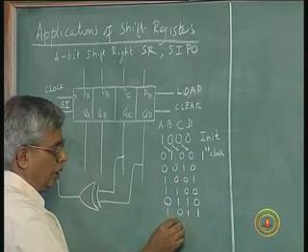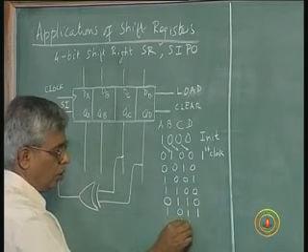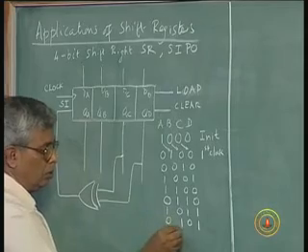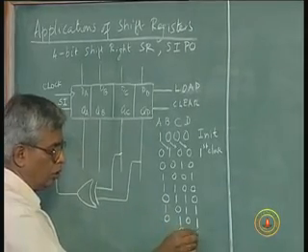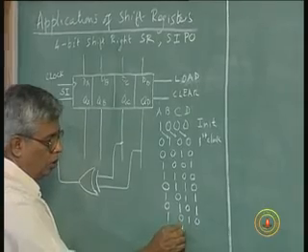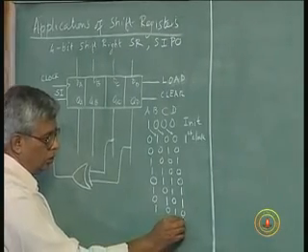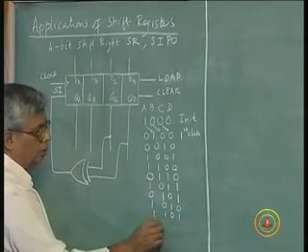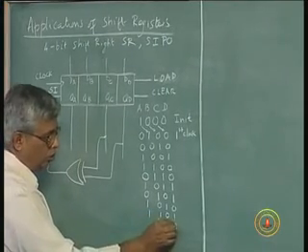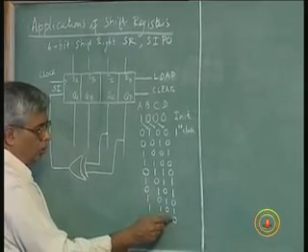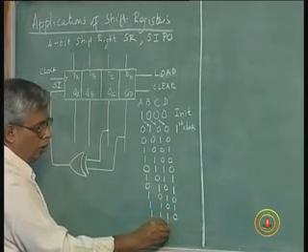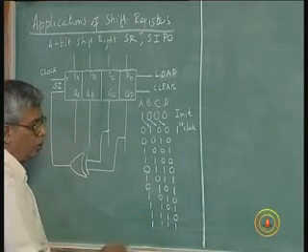Now after this it will be 1, 0, 1. What? 0, 0, 1, 0, 1, 1, 0, 1, 1, 1, 1, 0, 1, 1, 0, this will be 1, 1, 1, 1, 1.